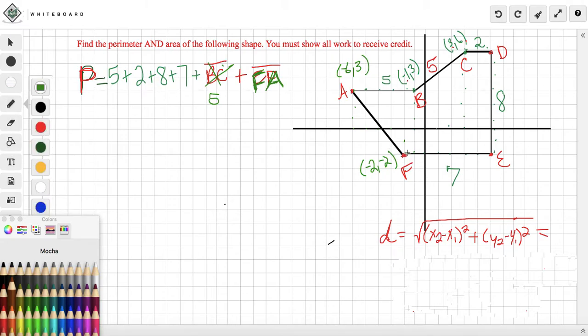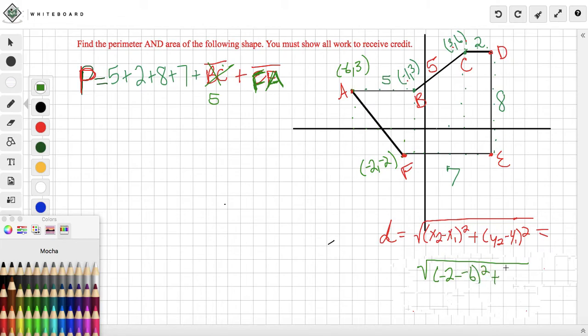Now we're finding our distance. Let's say we're going to find the distance from A to F. So if we're starting with A, then F will be our x2. So our x2 is going to be -2 minus x1, which is -6.